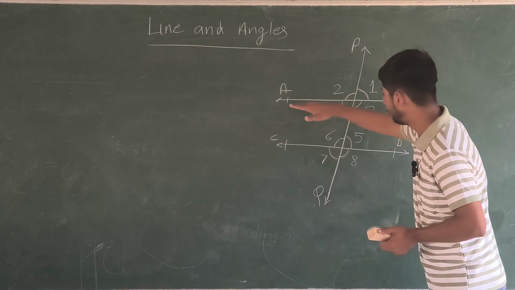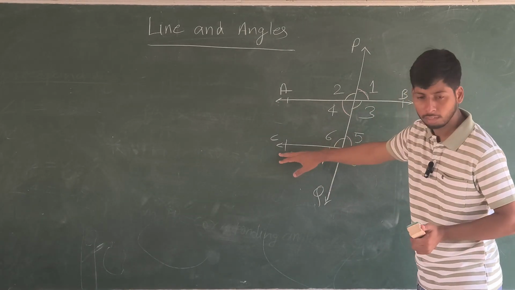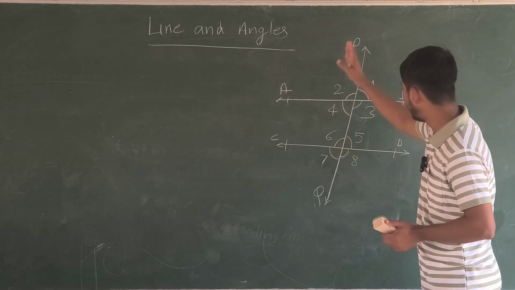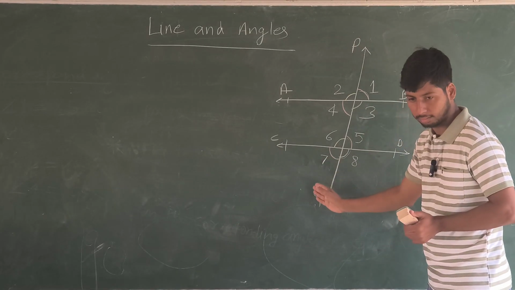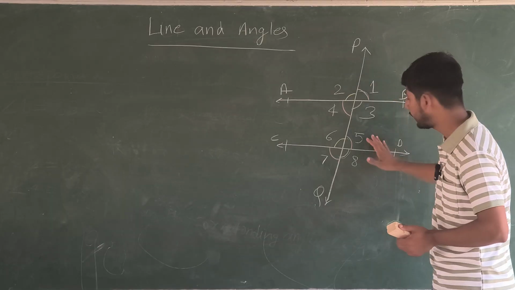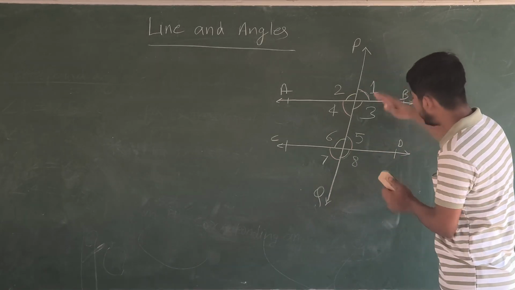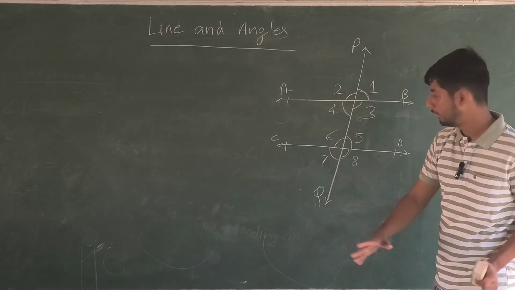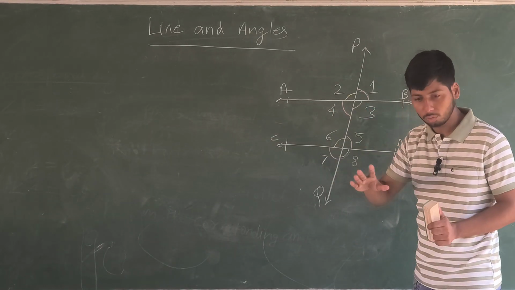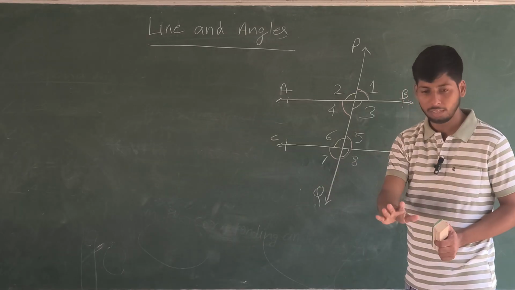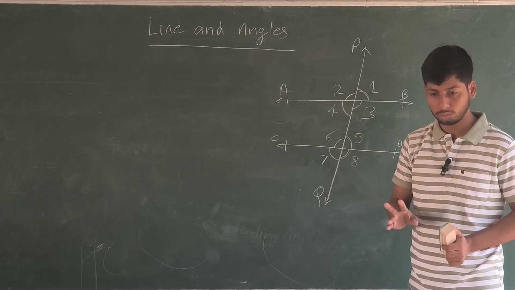Here it is already given that these two lines are parallel and a transverse line intersects both lines, then the corresponding angles are equal. But if it is given that the corresponding angles are equal, then the reverse is also true, meaning the lines should also be parallel. Understood?